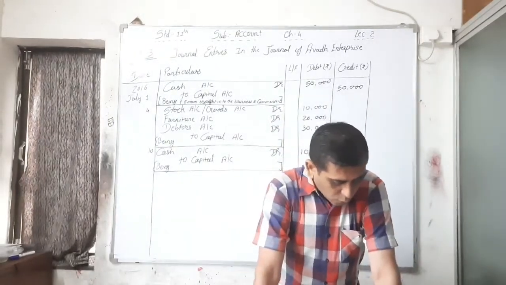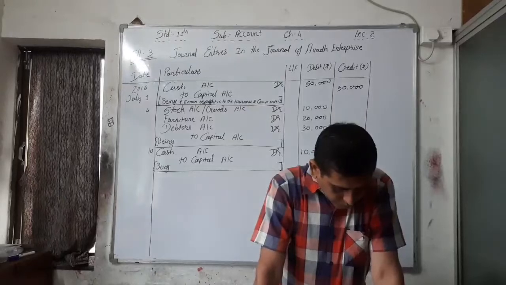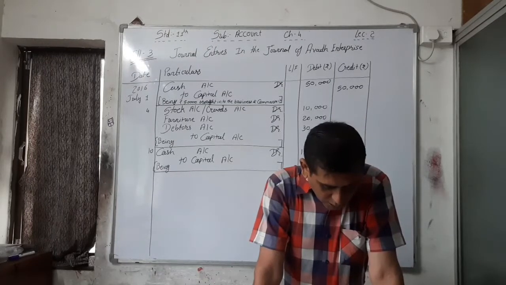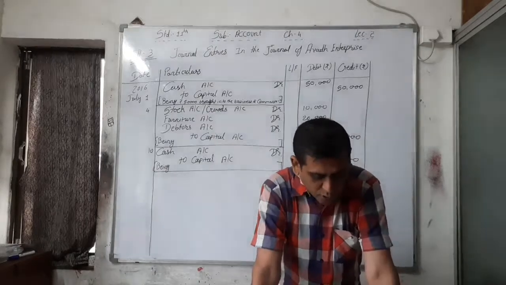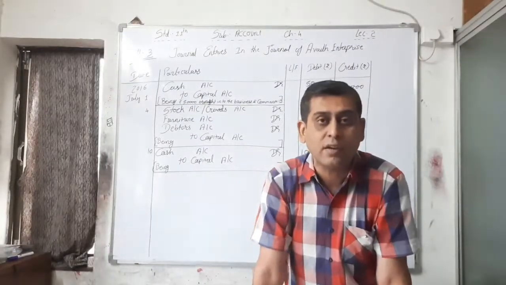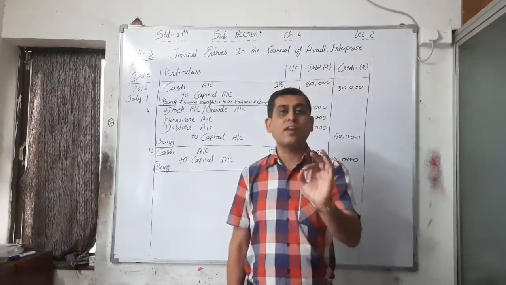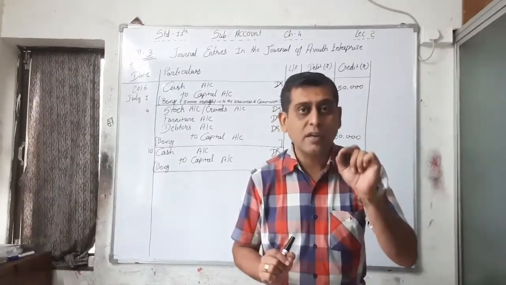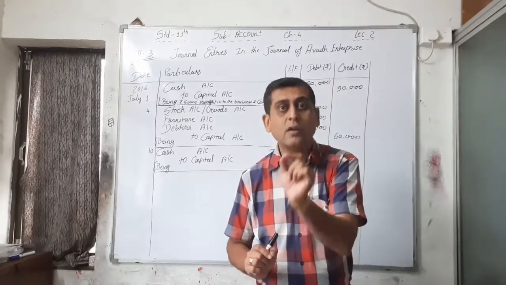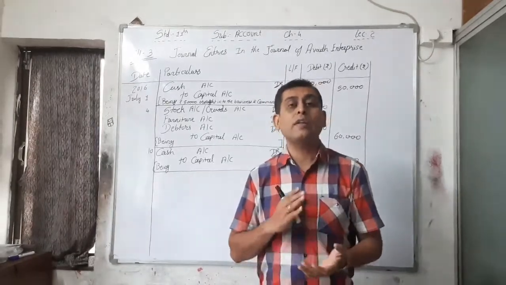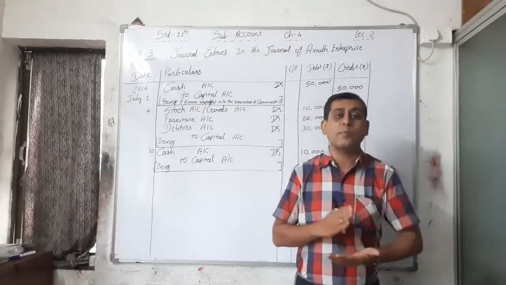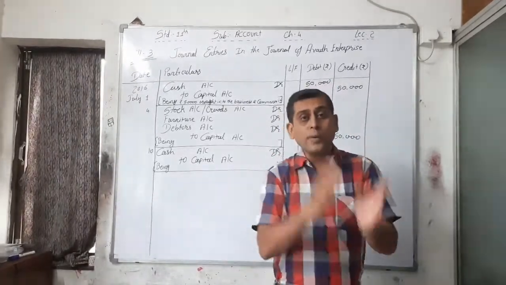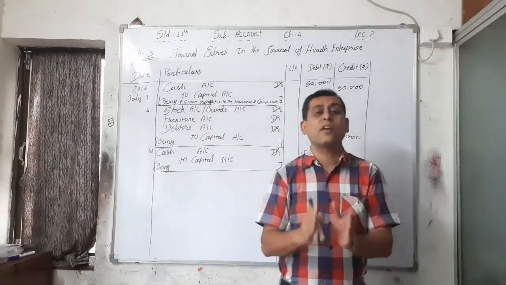Now see the 14th July. Brought into business personal receivables of rupees 6,000 and payables of rupees 4,000. See, receivable means debtors, payables means creditors. Write down under receivable, debtors, and under payable, creditors. See, all receivables have debit balance, that means all debtors have debit balance, and all payables, that is creditors, have credit balance.